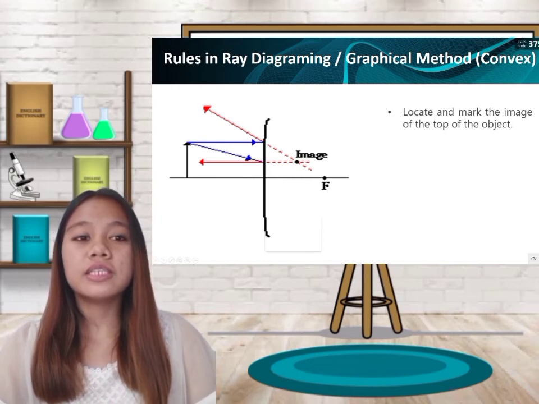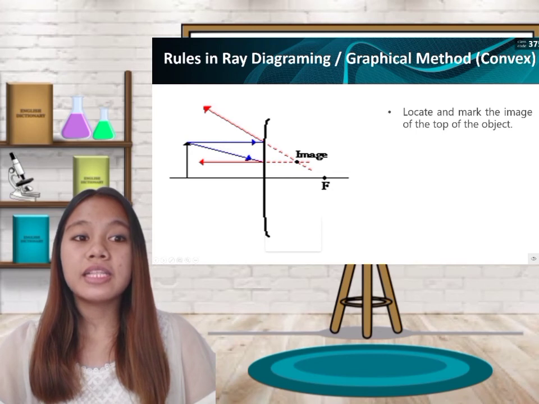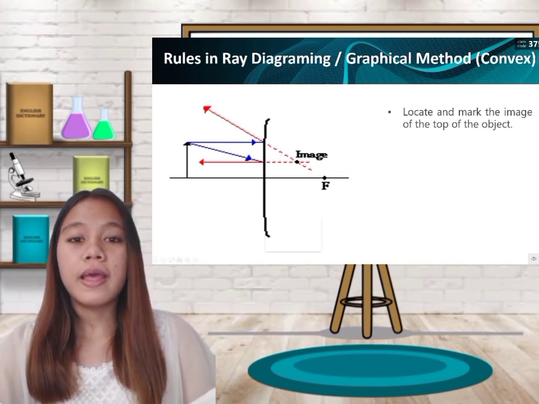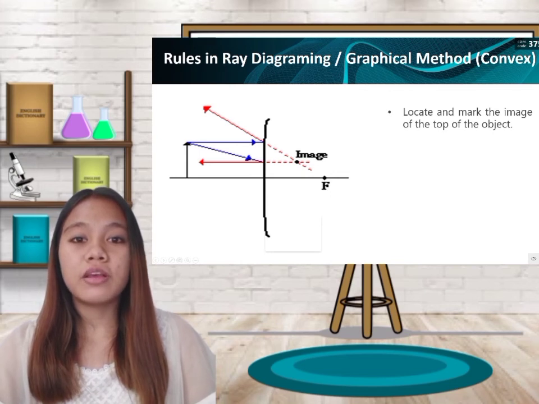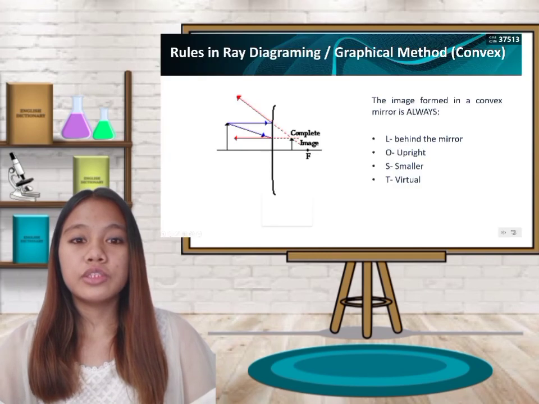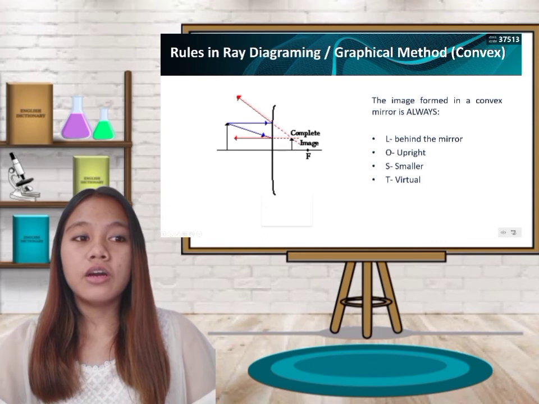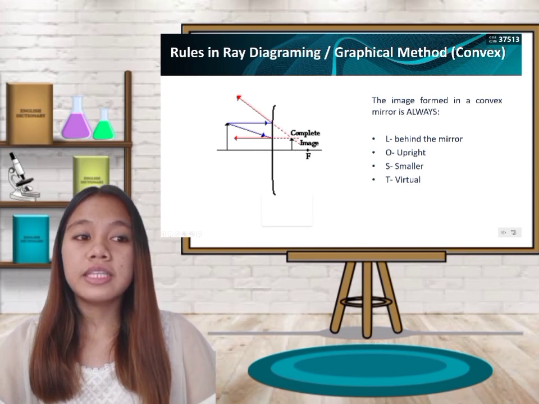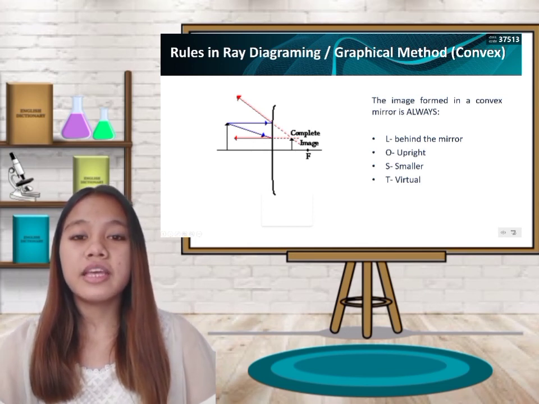You can do this by extending the lines of the reflected rays, and that intersection will tell us the point of the image. So in convex mirror, always remember that the image is behind the mirror, the orientation is always upright, the size is smaller, and the type of image is virtual.